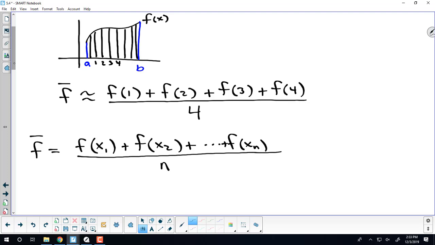Actually, this would still be an approximation. We're using a finite number of rectangles. Even if that's 1,000,000, it's still an approximation, a better approximation. But in order to make this exact, we've got to look at the limit as n approaches infinity. It's just exact as n approaches infinity.